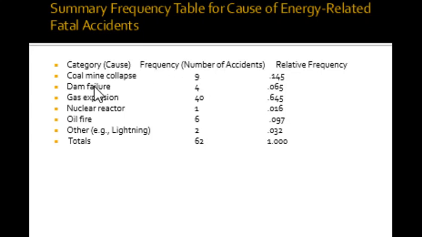So 9 coal mine collapses, 40 gas explosions, 4 dam failures, out of a total of 62. The third column is the relative frequency, which is the frequency divided by the total number of observations. So for coal mine collapse, 9 out of 62 is 0.145. That is the relative frequency. As you can see, the total of the relative frequencies is 1.